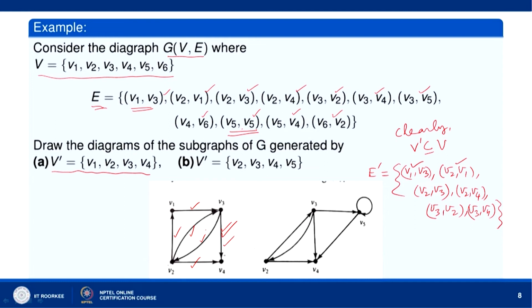So, this graph is the graph generated by the vertices B dash, consisting of B1, B2, B3, B4. So, H(B dash, E dash), this one, is generated by B dash, and is the subgraph.